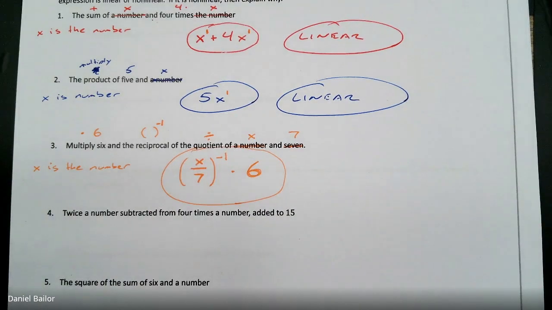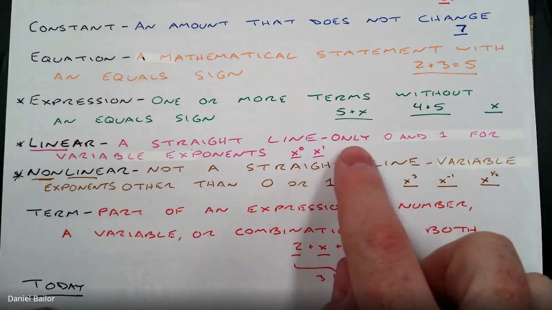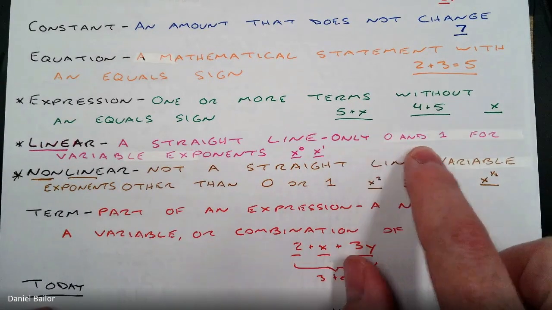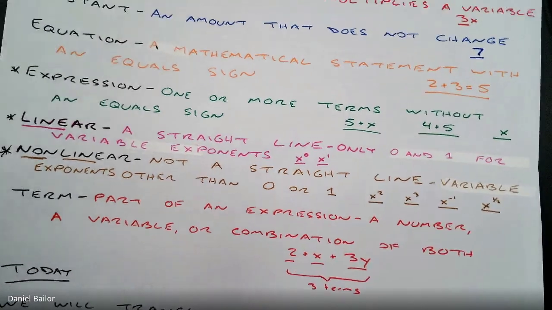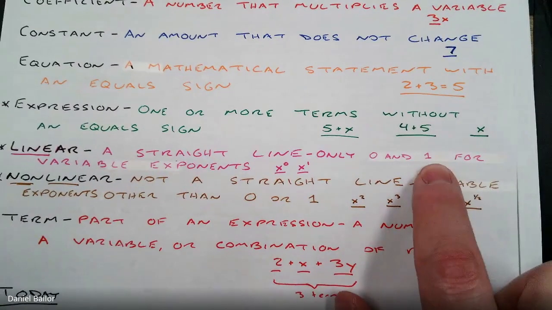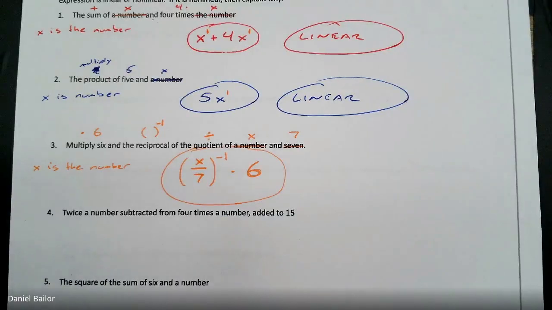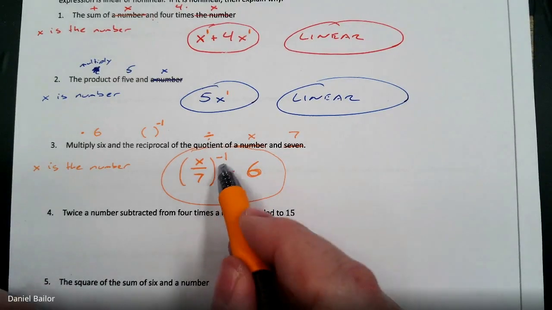Part 2, I need to decide if this is linear or nonlinear. Well, remember, linear's definition was variables can only be 0 and 1. Variables are only allowed to be 0 and 1, and that's a positive 1. This is a negative 1.